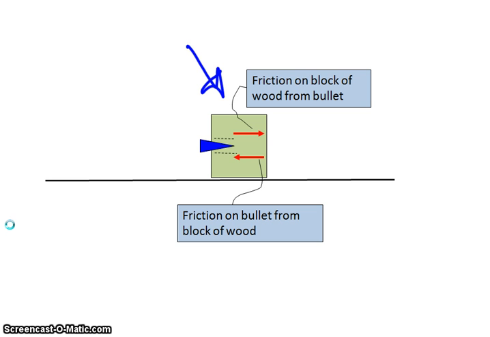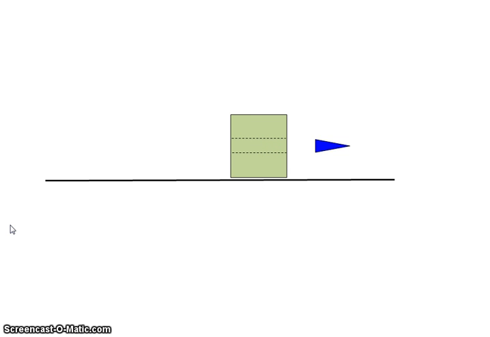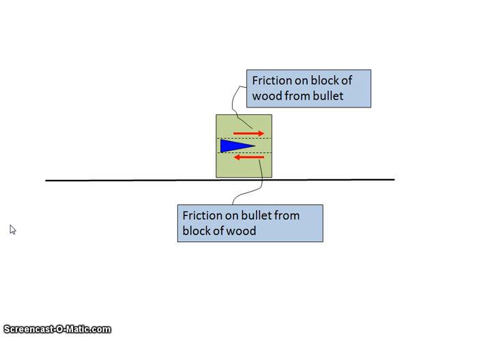You need that friction. Otherwise, the block of wood wouldn't move. If it were frictionless, the bullet would just go through the block of wood and nothing would happen. That force is needed. And these are the internal forces.